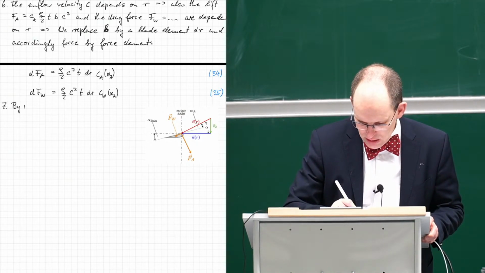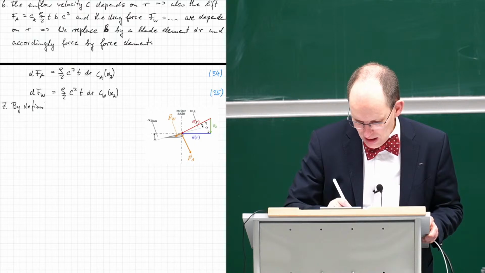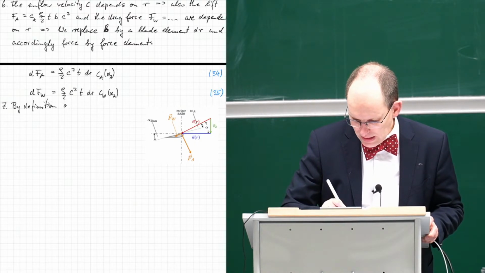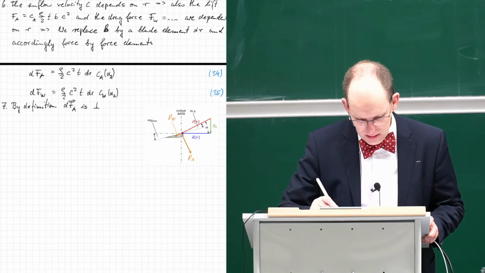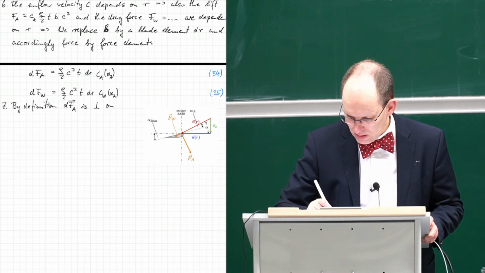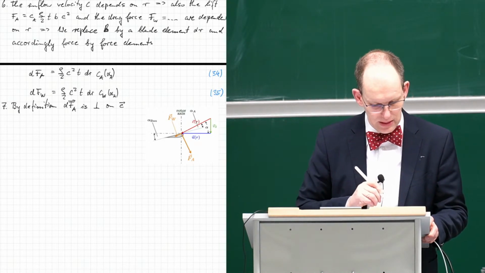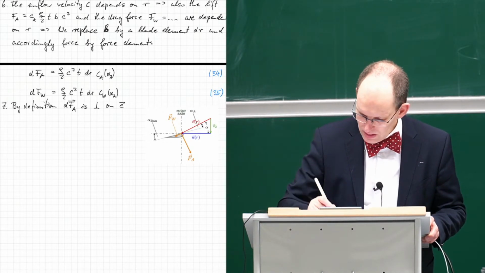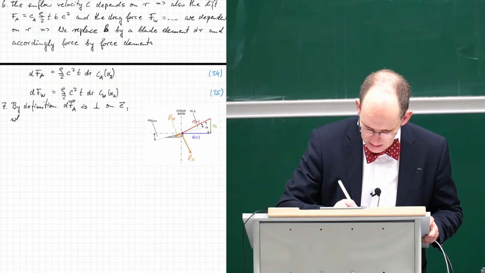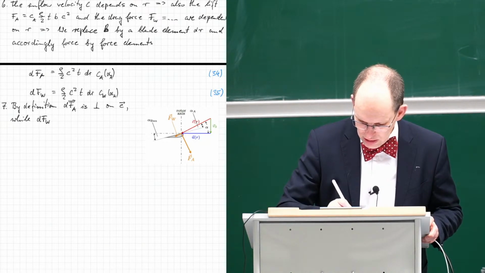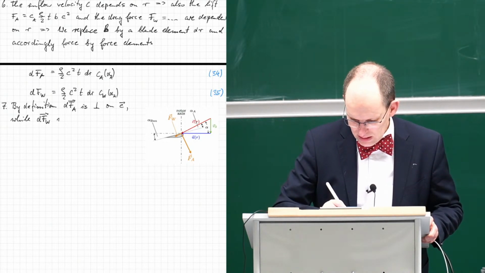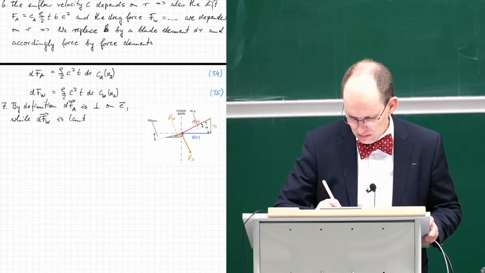By definition, dFA is perpendicular on the inflow velocity, yeah? While dFW, drag, is parallel or anti-parallel. Okay.